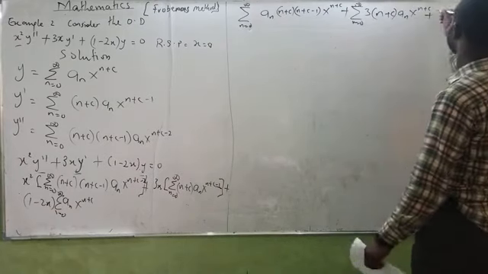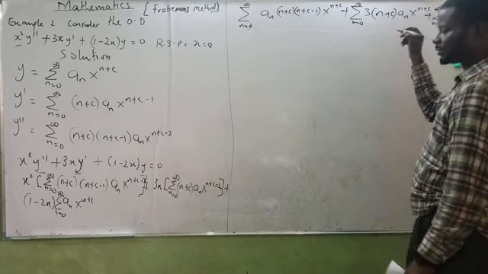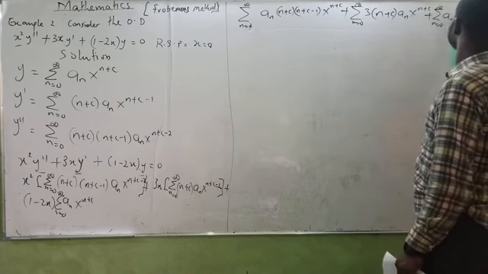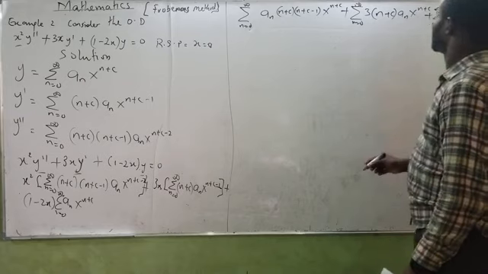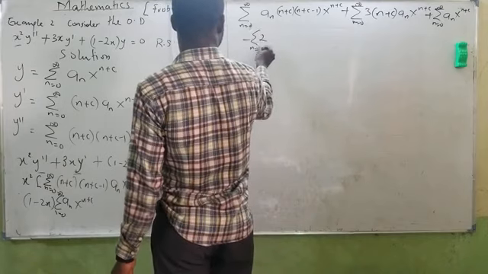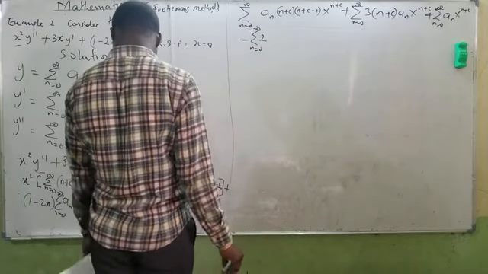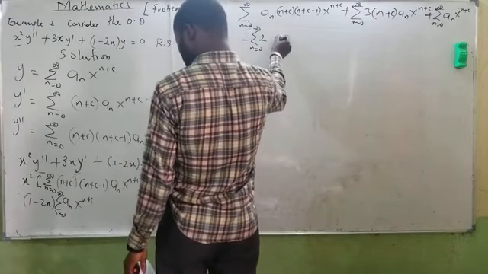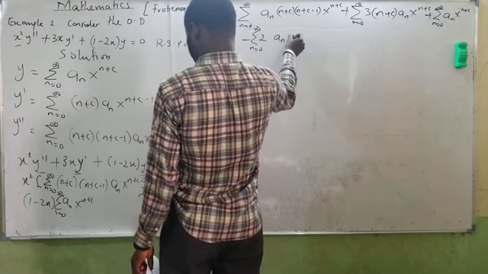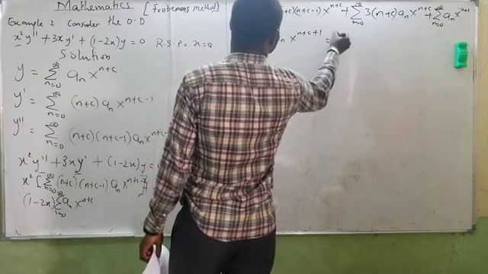The next one will be plus the sum from n equals 0 to infinity of a_n x raised to the power n+c, and plus 2, which is a constant and can go inside the sum, times a_n x^(n+c+1), equals 0.